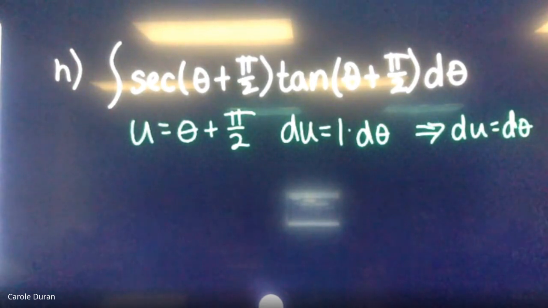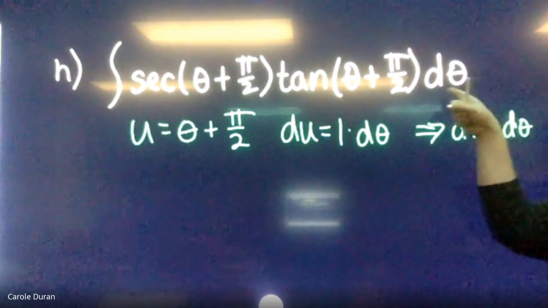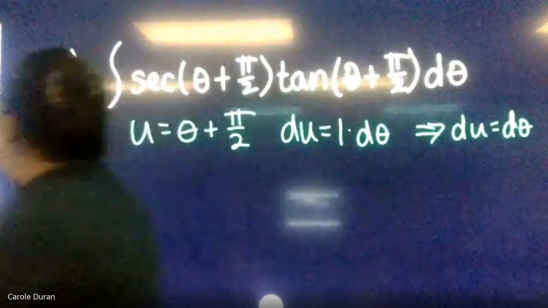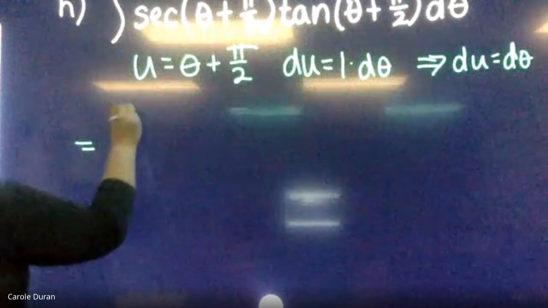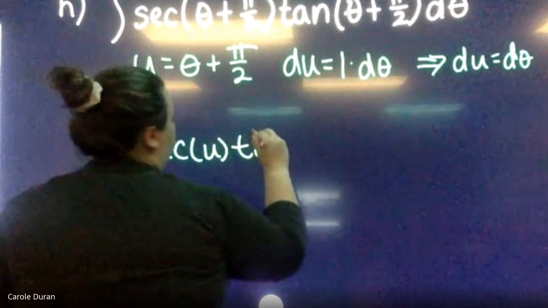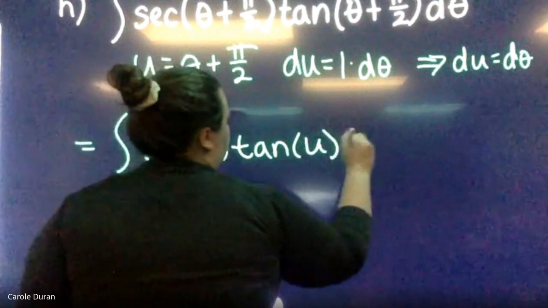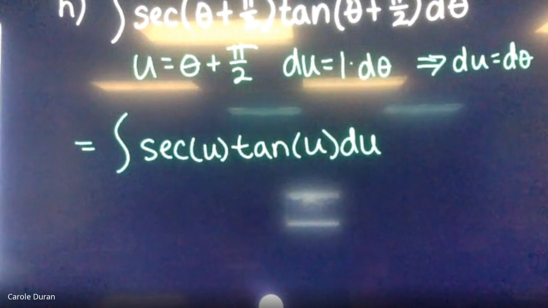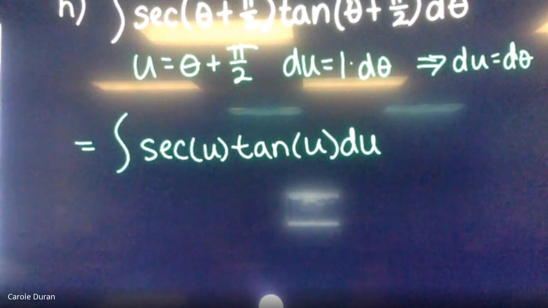So now I can do all of my replacing because I have a d theta here, and all of my inside functions are already there. So then this becomes the integral of secant u, tangent u, du, and I can anti-differentiate that. Is that just secant?